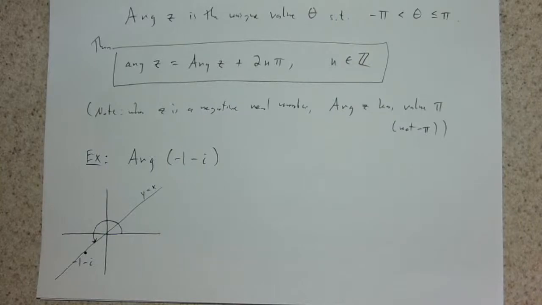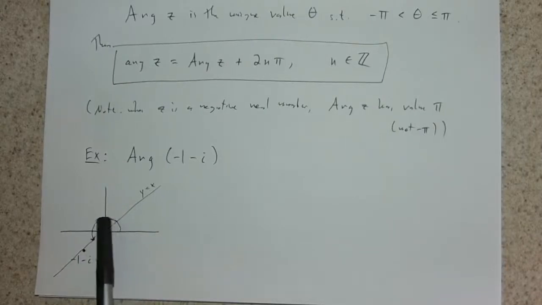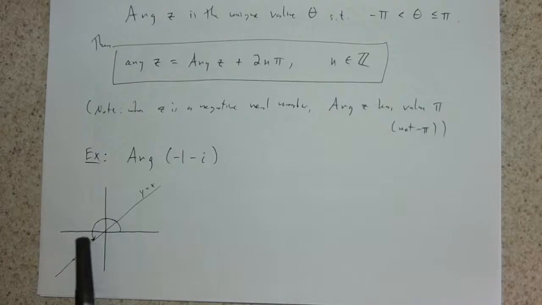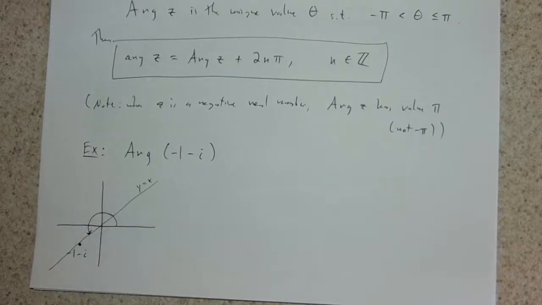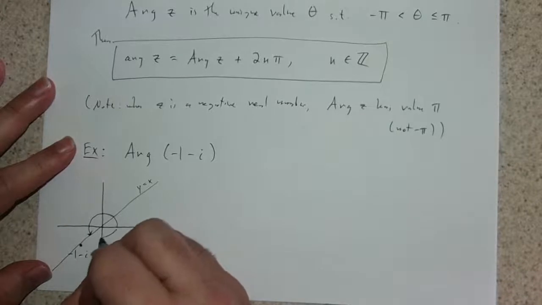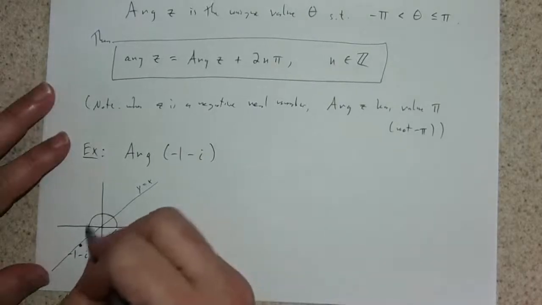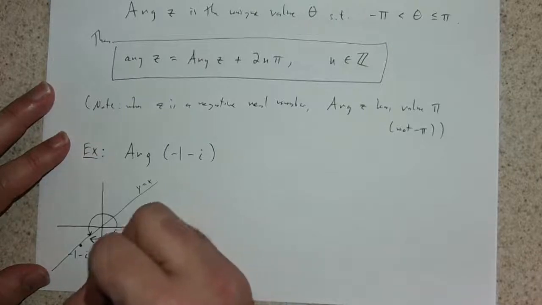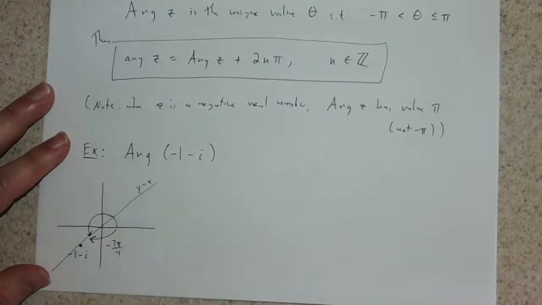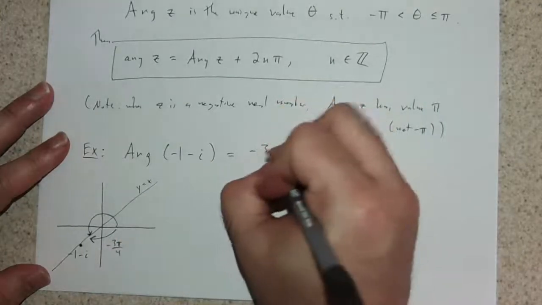It's in the third quadrant, so I would have to go over pi in this direction. So why don't I use the principal value that allows me to be between minus pi and pi here. So instead of going 5 pi over 4, I can go minus 3 pi over 4. And I'm good to go. So the argument of minus 1 minus i is minus 3 pi over 4.